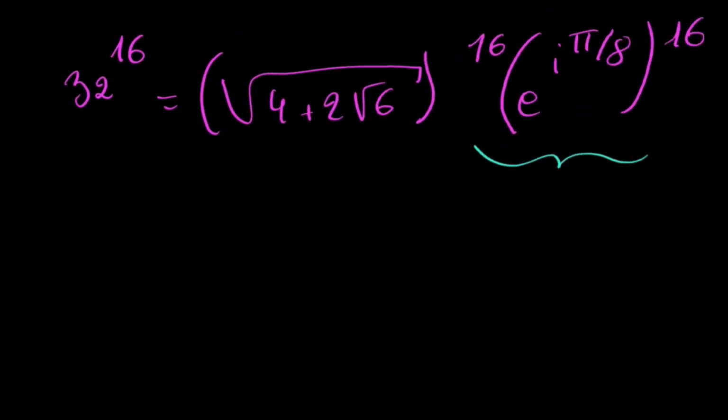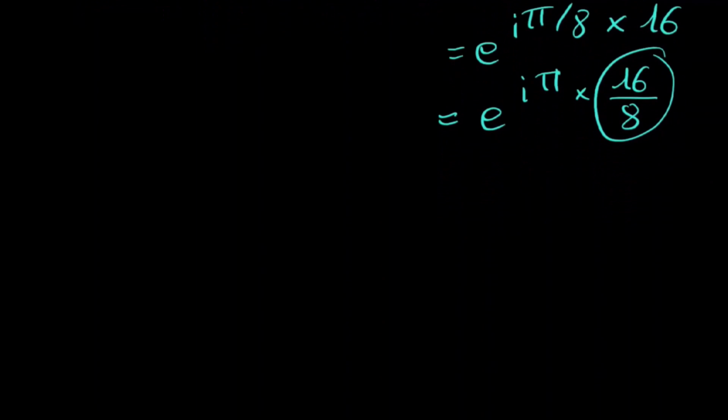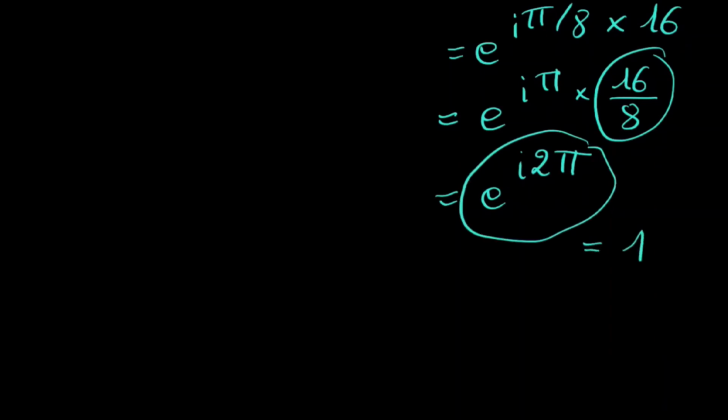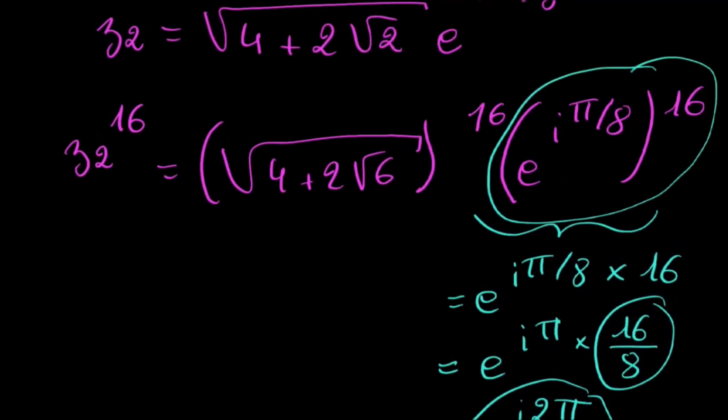Here it equals exponential i pi over 8 multiplied by 16. This equals exponential i pi multiplied by 16 divided by 8, and this is 2. So it equals exponential i 2 pi. And this, we know that it equals 1.